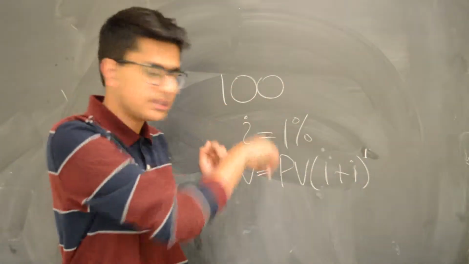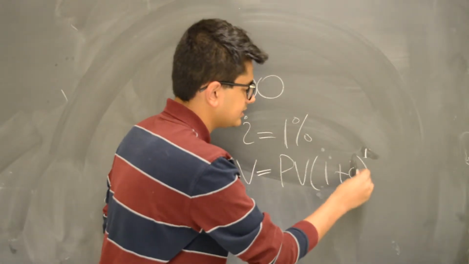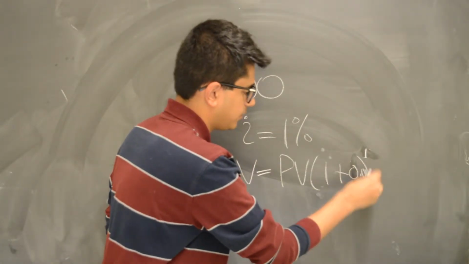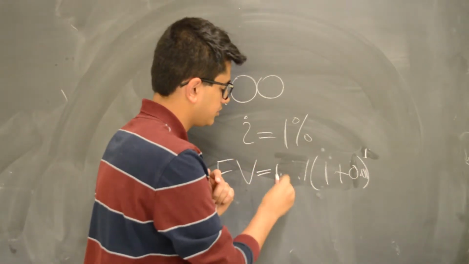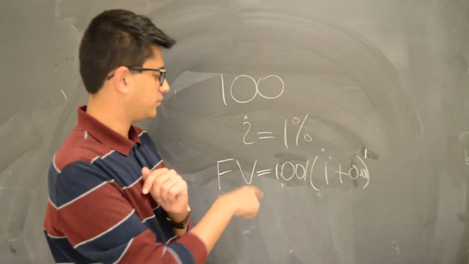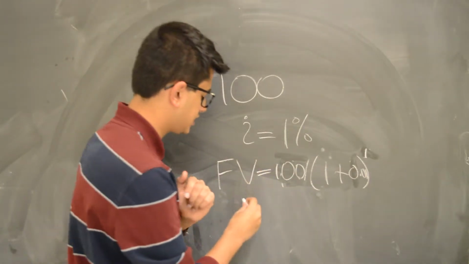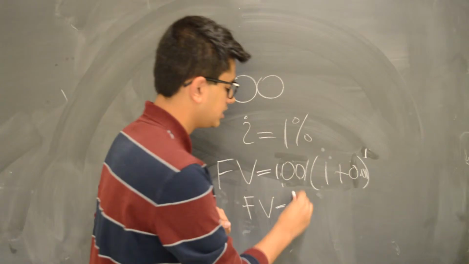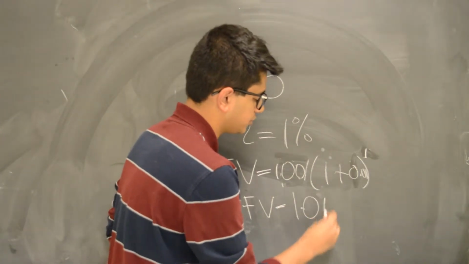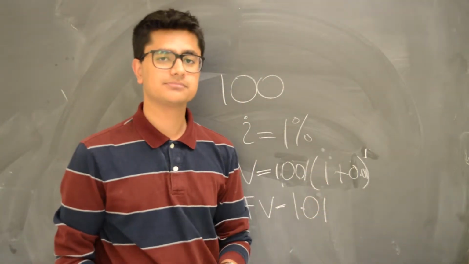And so if we plug in these numbers, we can see that i is 0.01. The present value, what we have right now, is $100. And simply put, we can use this formula to do the calculation and see that in the future, 1 year from now, earning this interest rate, we will have $101.